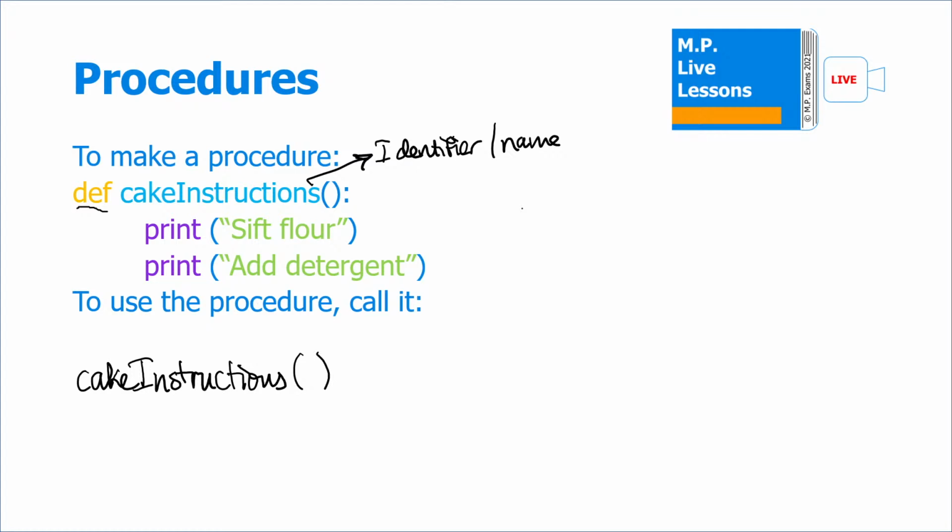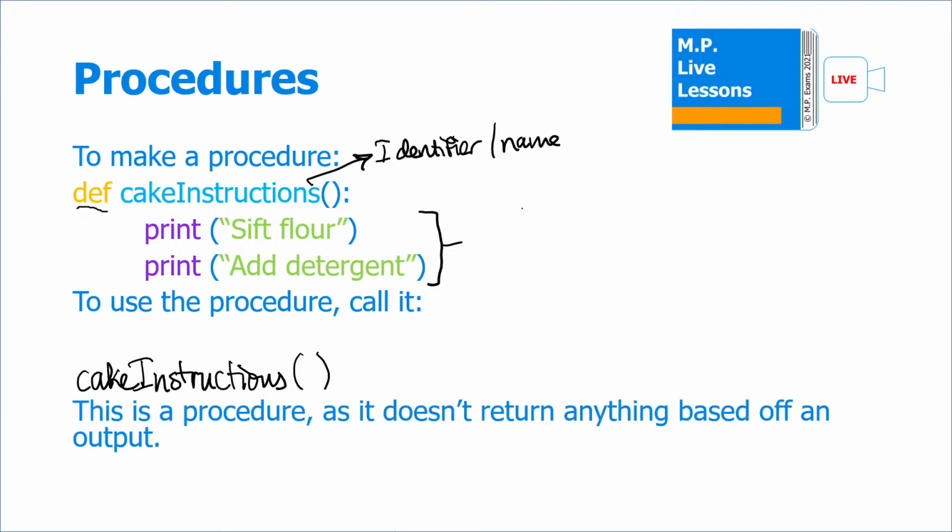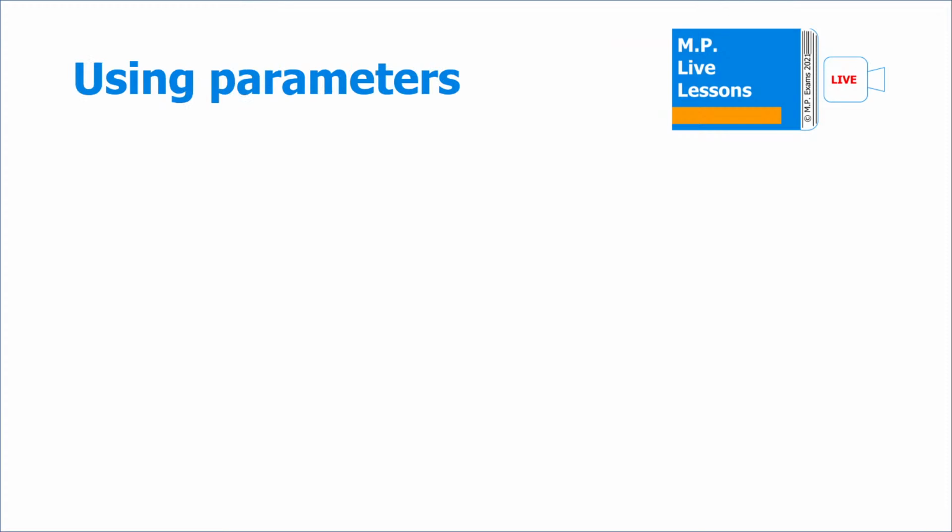And then when the computer sees this, it knows what it means, so it will do these instructions whenever this subroutine is called. Now this is called a procedure, a type of subroutine, because it doesn't return anything. That's the keyword. It doesn't return or output. And rather, this should say an input. Rather, return is based off an output. So we input something, do something with an output. So that's what makes something called a function, which we get into.